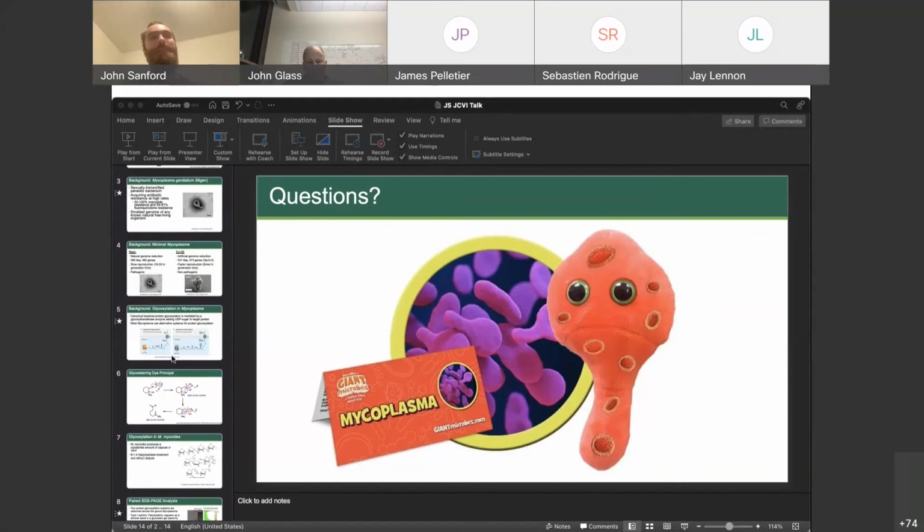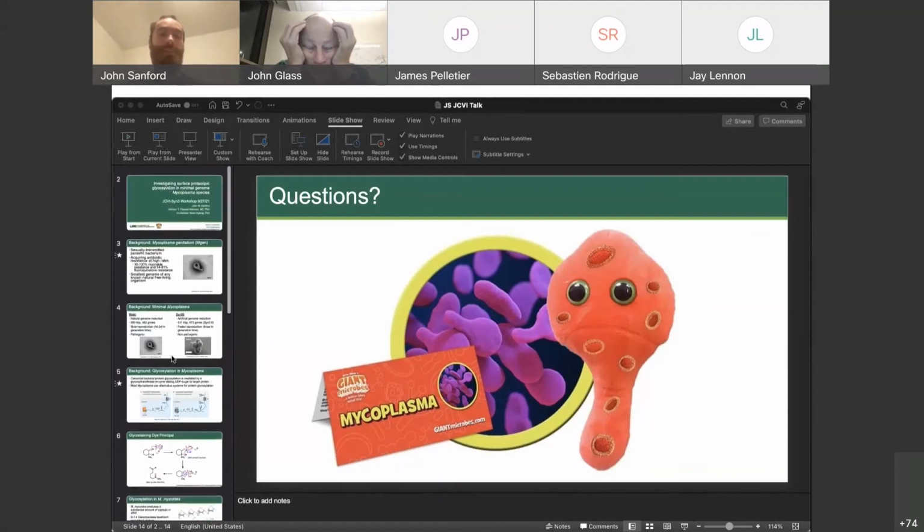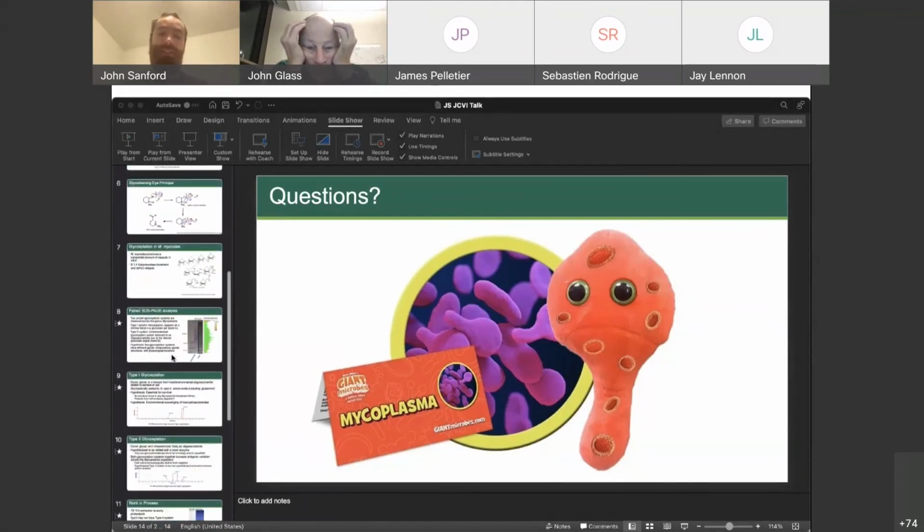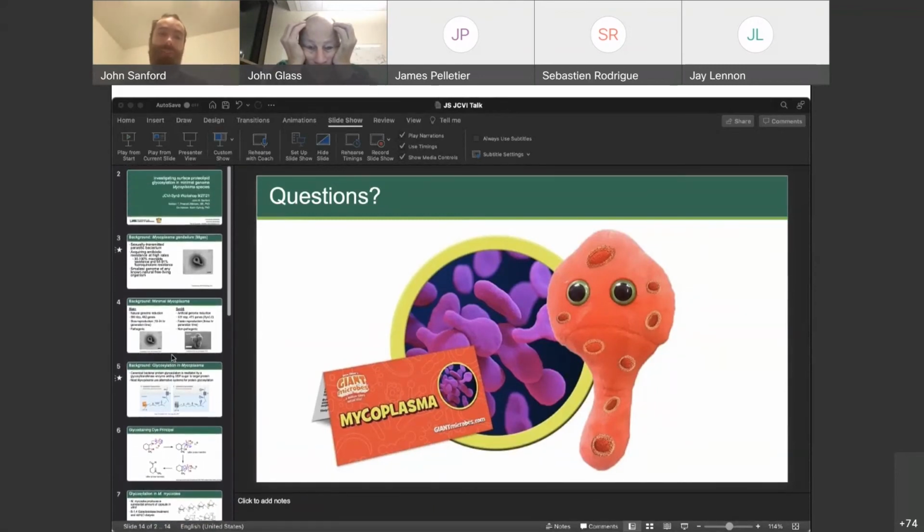But I think it demonstrates that, at least for genitalium, these organisms are more like a streamlined or optimized pathogen, rather than simply viewing them as a simple organism.